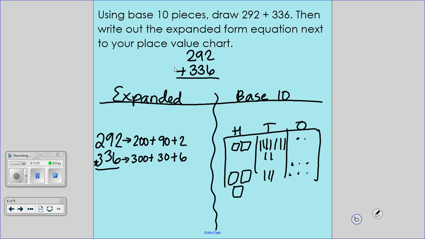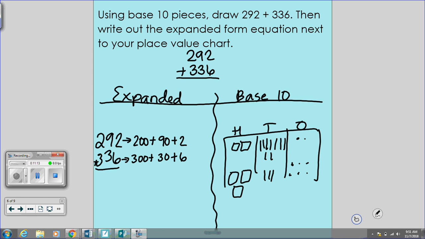We want to stay organized when we're dealing with large numbers. So again, neatness counts. Your tens have to be stacked over your tens, ones over your ones. It's just going to make it 100 times easier. And again, I'm all about making math easy for you guys, right?